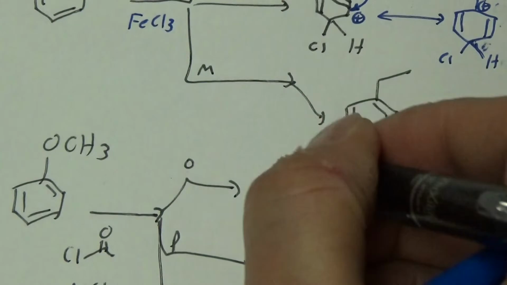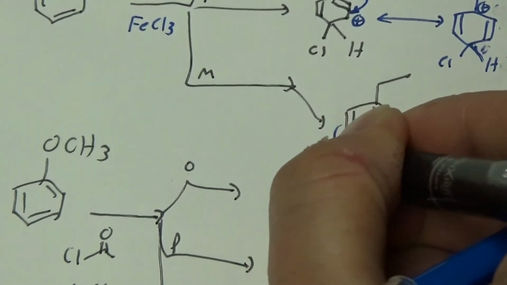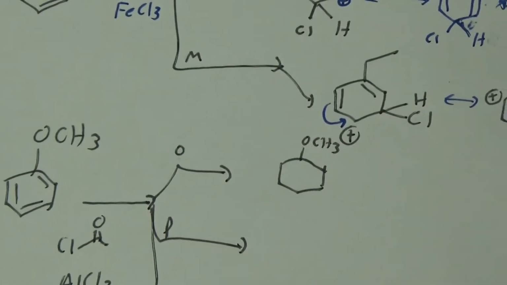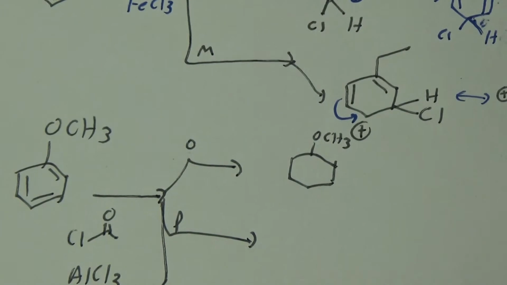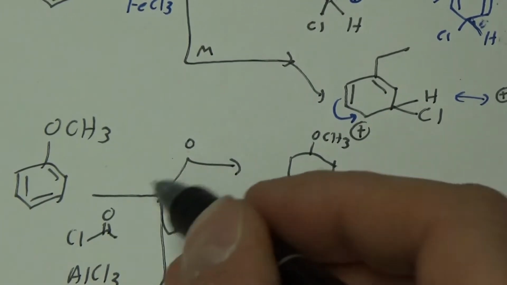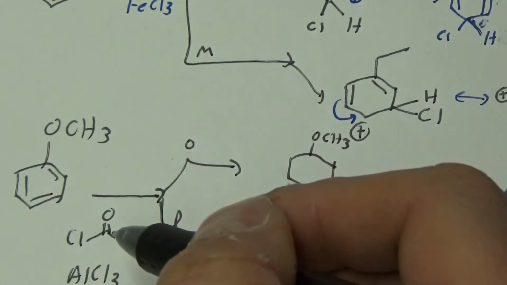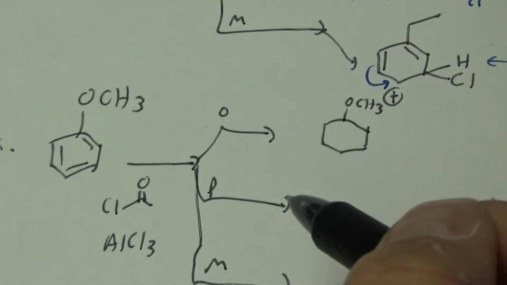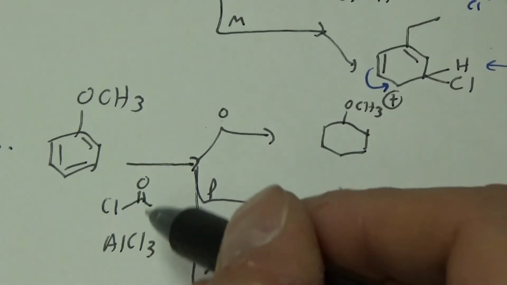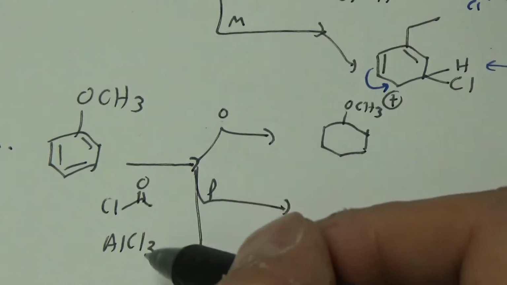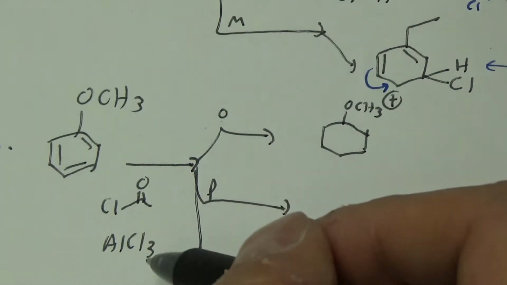Alright, so OCH3, and then the ketone: the benzene attacks the acid chloride. The mechanism was it makes that thing called an acylium ion. Remember that? Chapter 15.